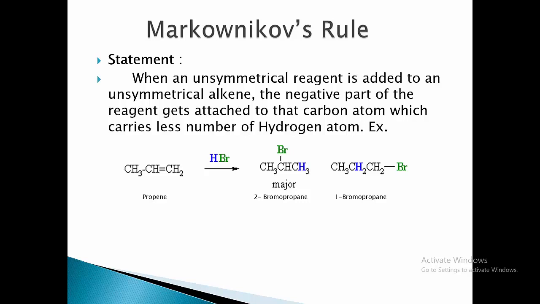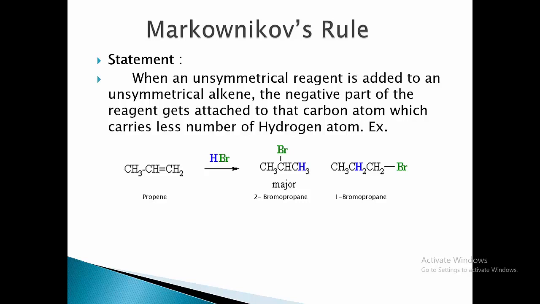In case of an unsymmetrical alkene, Markovnikov's rule states that when an unsymmetrical reagent like HX is added to an unsymmetrical alkene, the negative part of the reagent gets attached to that carbon atom which carries fewer hydrogen atoms. This Markovnikov's rule we have seen last year.